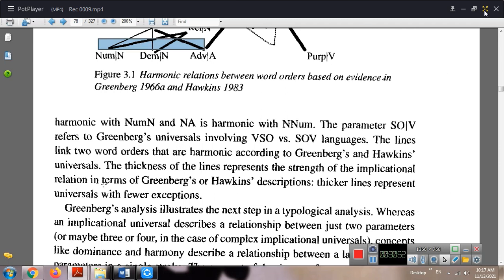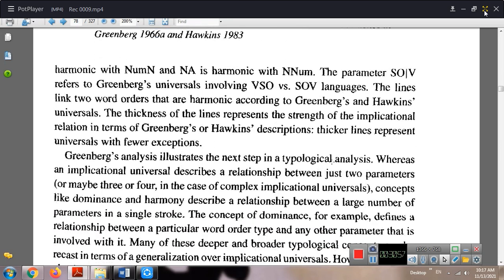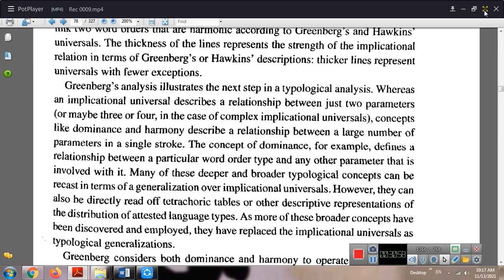Thicker lines represent universals with fewer exceptions. Dear student, I don't want you to mention this figure in your summarization, and this figure is not important for your final exam. Just look at this to be familiar with this matter.